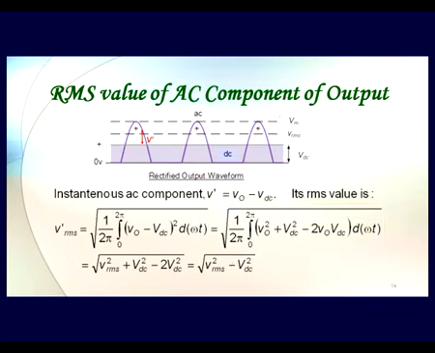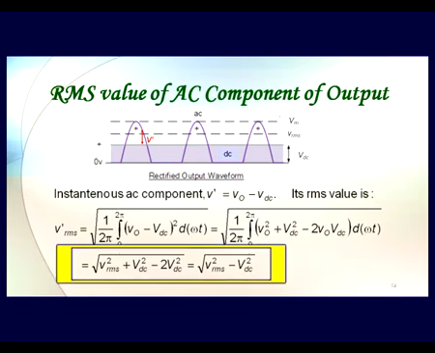Then we know that integral VO square 1 upon 2 pi 0 to 2 pi represents our RMS voltage square, whereas this component integral VO 0 to 2 pi d omega t represents the DC or VDC. So if I just substitute VDC in place of VO and VRMS in place of this VO square integral, then we get V prime RMS is equal to VRMS square minus VDC square under root.